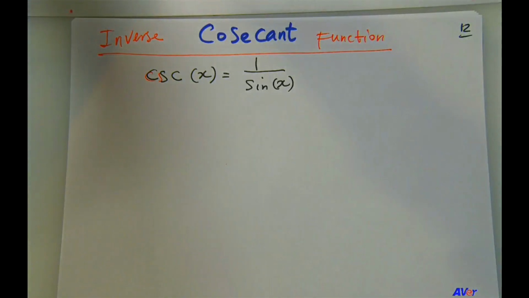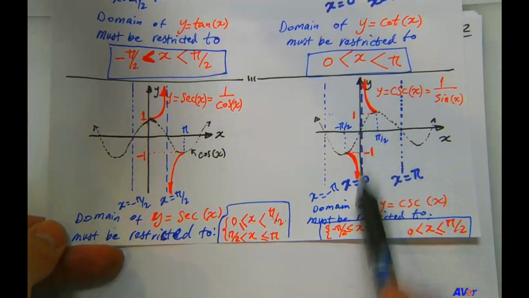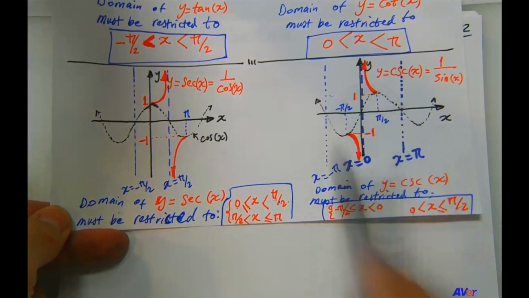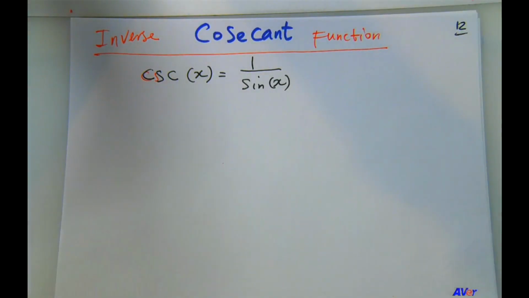Okay, so just like before, let me duplicate the graph we did for when we were finding out the restricted domain for the cosecant function. So I'm going to replicate this drawing here, and I'll do it quickly so we save time.